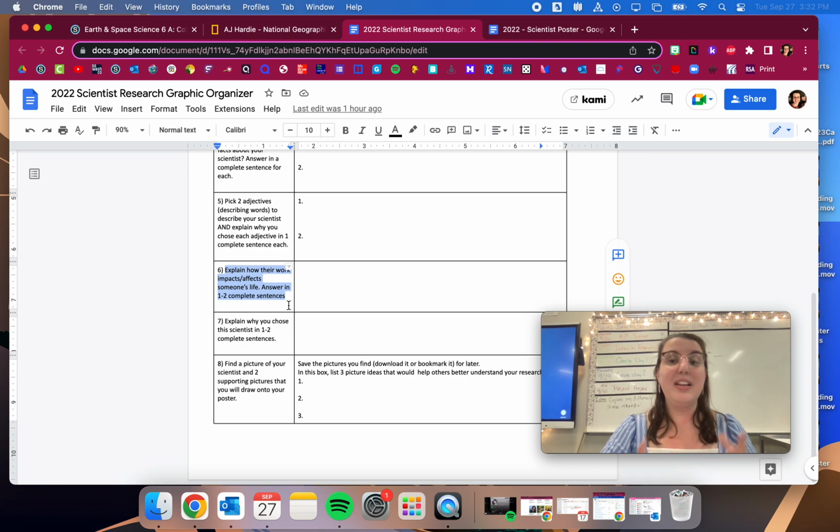But the people that live in the community in the Amazon rainforest, all the creatures that live in the Amazon rainforest, it'll affect their life. And so tell me how it affects them. Or maybe the research they do on that river can be applied to the Mississippi River. And so that maybe it will affect your life because it affects something close to home. So tell me how it impacts someone's life.